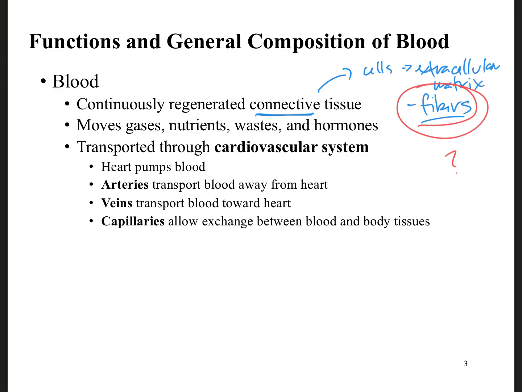Transport is important, right? Blood moves through the cardiovascular system, through vessels, or a series of arteries, capillaries, and veins. Arteries typically carry oxygenated blood away from the heart, A for away. Veins typically carry deoxygenated blood back towards the heart, okay?